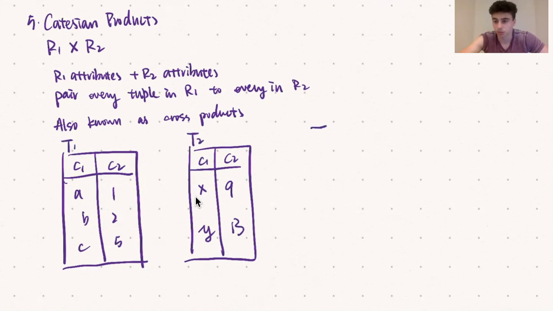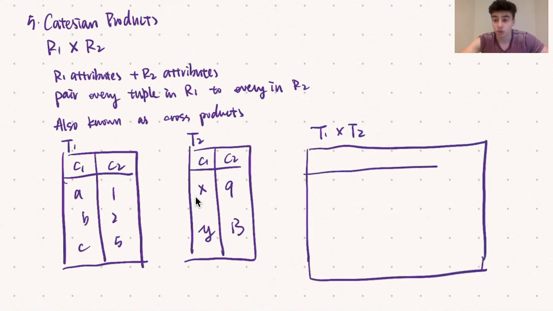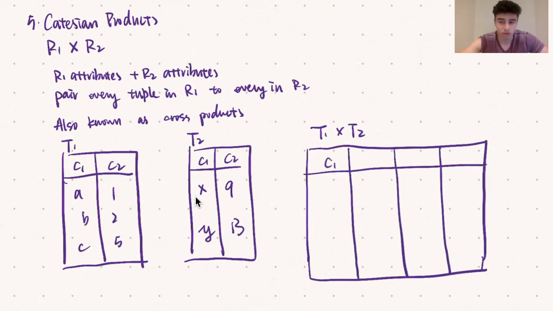Now the cross join is going to be a little bit large, but we'll manage. So of course, at this point, what you'll notice is that although the attribute names of T1 and T2 are the same, you really have to rename one of them here. We haven't talked about the rename operator yet, so we're just going to call them T1.C1, T1.C2, T2.C1, and T2.C2. This is also totally a viable way to do this.